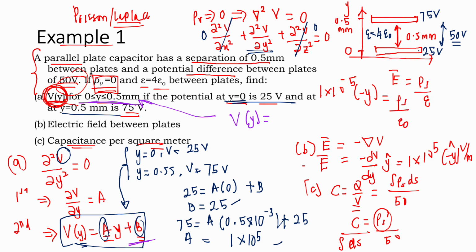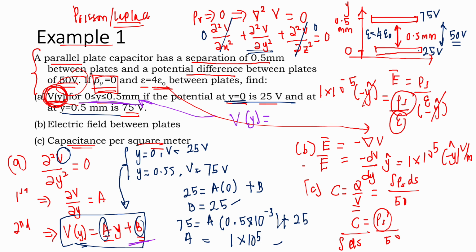So the charge also will follow the direction of the E field, right? Negative y. So the negative y directions can be cancelled. Oh, this is not epsilon naught, this is only epsilon. So epsilon is equal to 4 epsilon naught. So you substitute inside here and you are able to know the value of rho s.